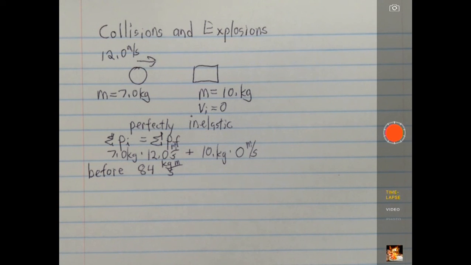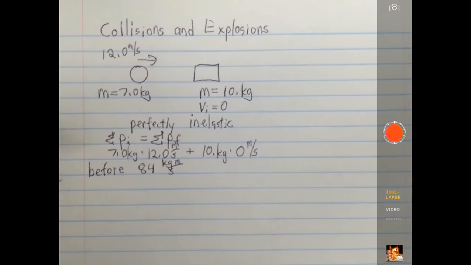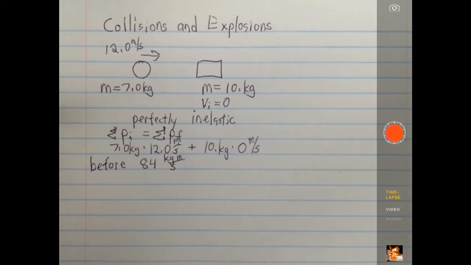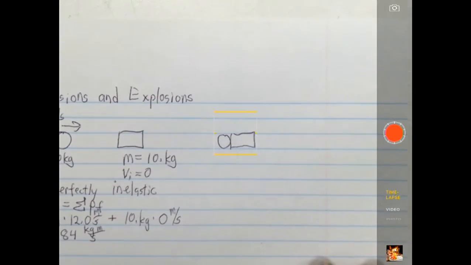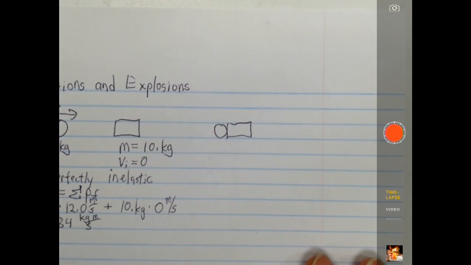The ball or the box? And Eric, do you agree with that? Wow, sad. So, no, children, because they stick together. And if they're stuck together, then they're both moving at the same speed.